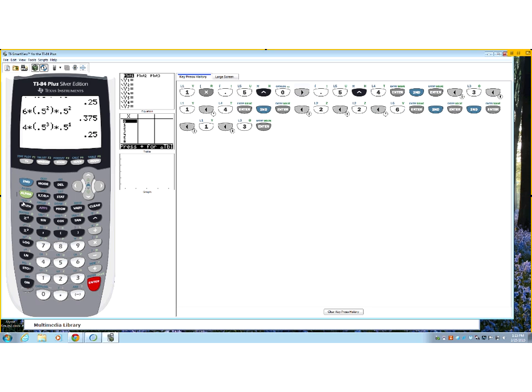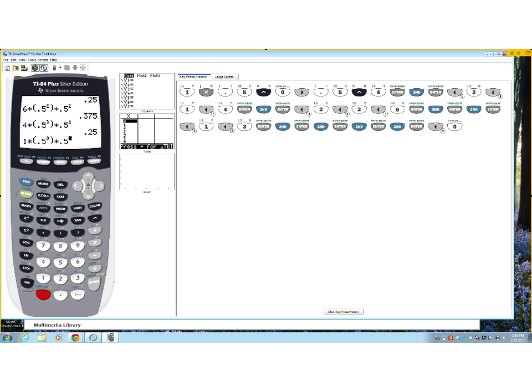And then finally the last one was where we had all girls. So I already did one of those where there was a 1 in front. There it is. But this time we had 4 girls. So that means there's 0 boys and 4 girls. Okay, and that just happened 1 time.